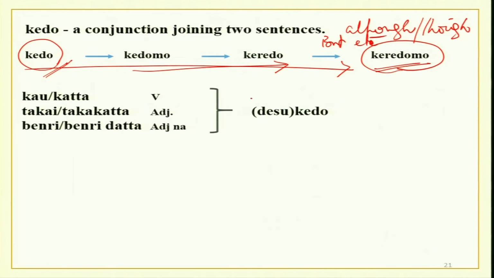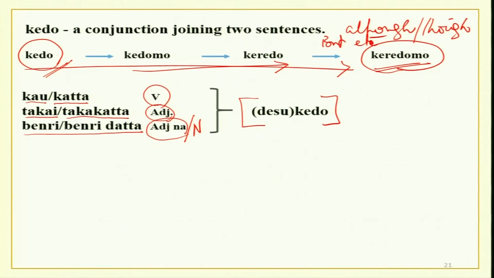Now, the important part here is that before kedo, the verb, adjective and na adjectives and nouns are going to be used in plain form. What do I mean by that? Well, either in dictionary form or in past plain form, in I adjective as well, katta, which is past form, benri, datta for na adjectives and nouns.